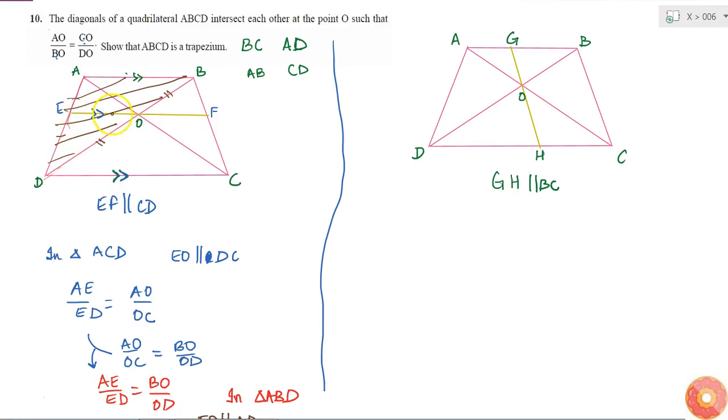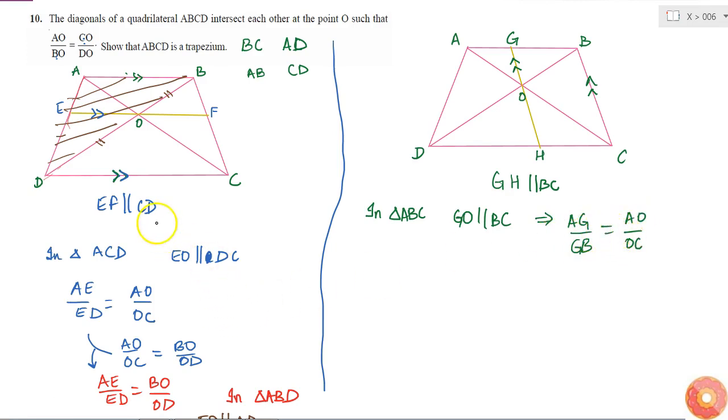So if AD is not parallel to BC, then only I can call ABCD a trapezium. So for that, in triangle ABC, here I have GO parallel to BC, right? That is because I constructed GH like that. This means that AG by GB is equal to AO by OC, right?